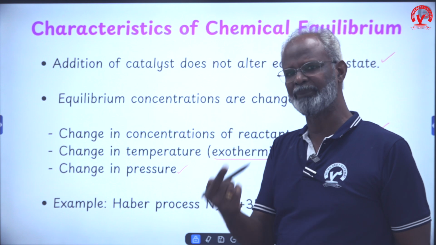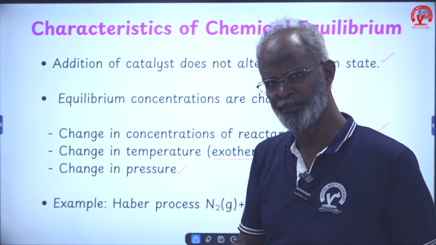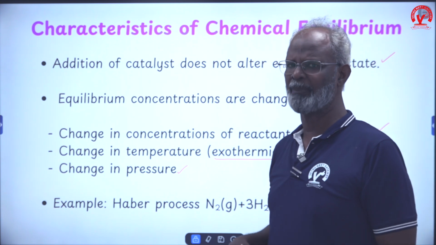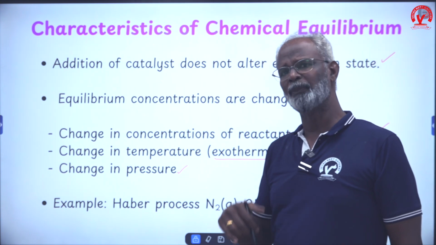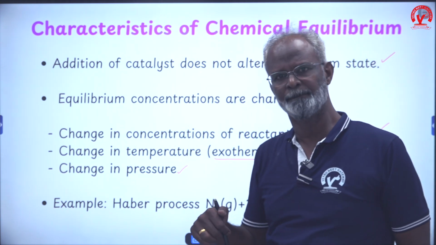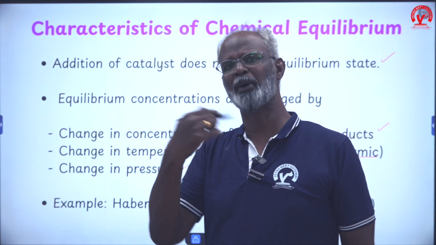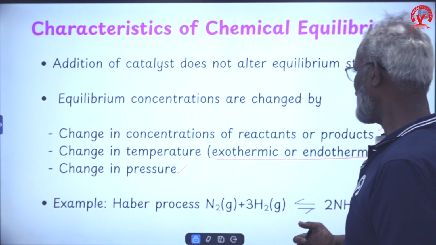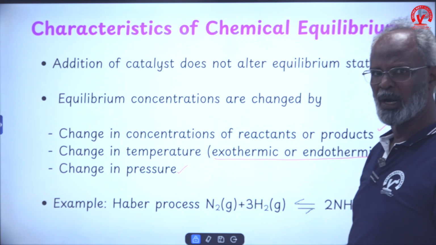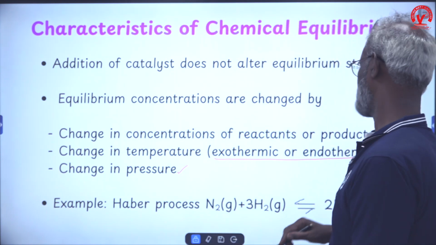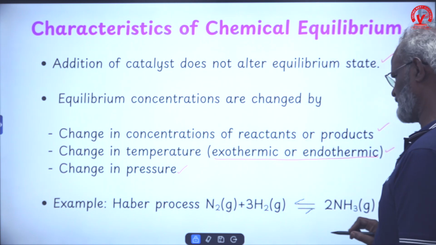Suppose you increase the temperature, you are giving heat, therefore the endothermic part of the reaction will happen faster. If you are reducing temperature, that is, you are cooling the system and removing heat, then the exothermic part will happen faster. Therefore the equilibrium will get shifted to another equilibrium state, and the equilibrium constant will also change when you change temperature.